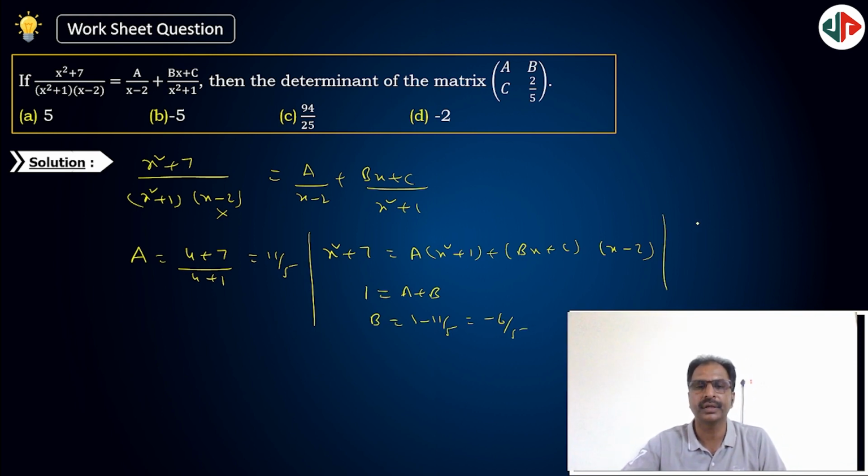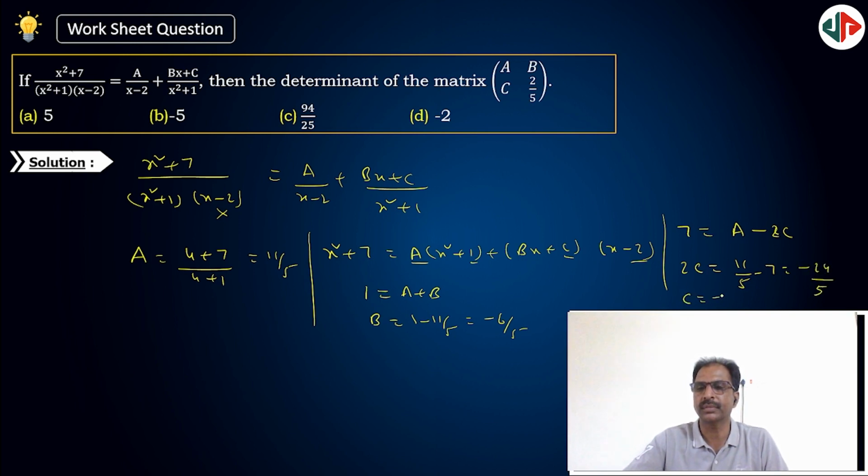Next, by comparing constants on both sides, 7 is equal to A into 1, A, C into minus 2, minus 2C. So from that 2C is equal to A minus 7, 11 by 5 minus 7, which is minus 24 by 5. So C is equal to minus 12 by 5.